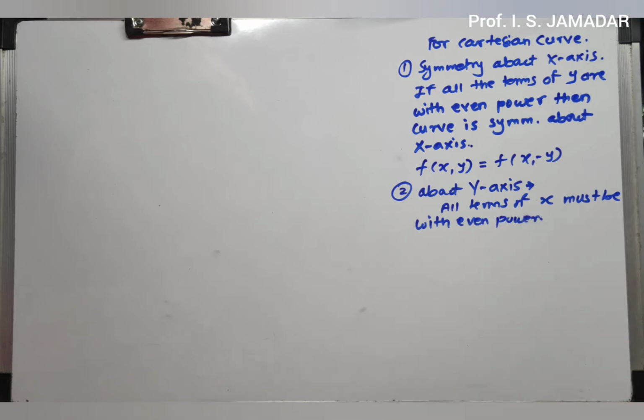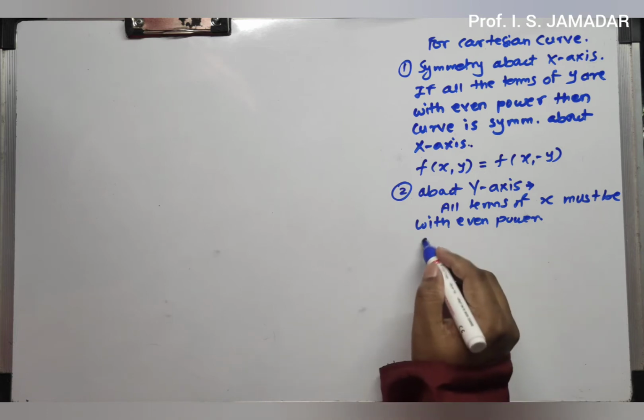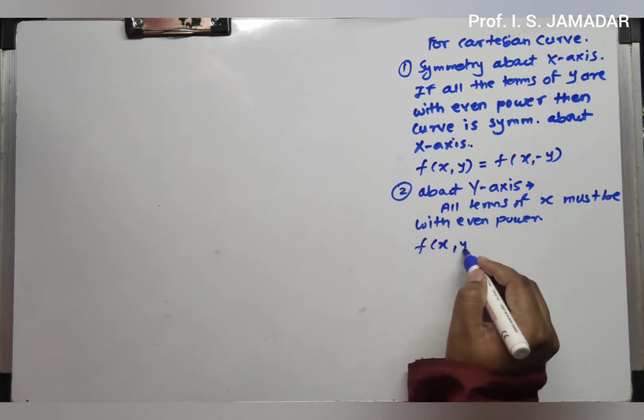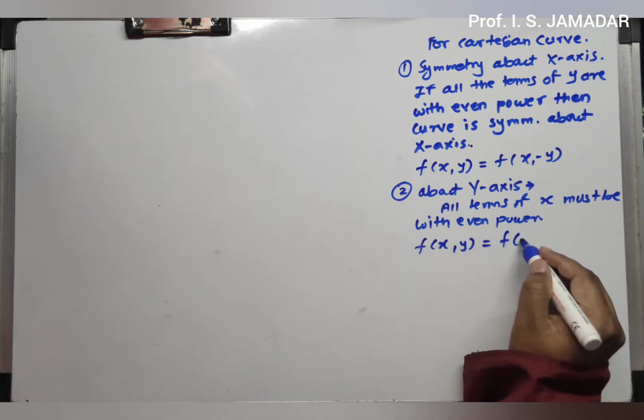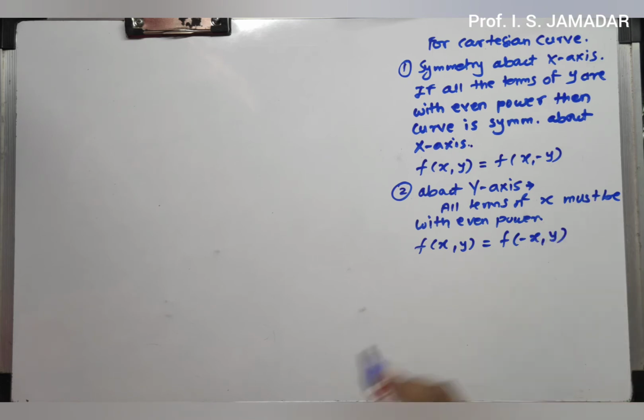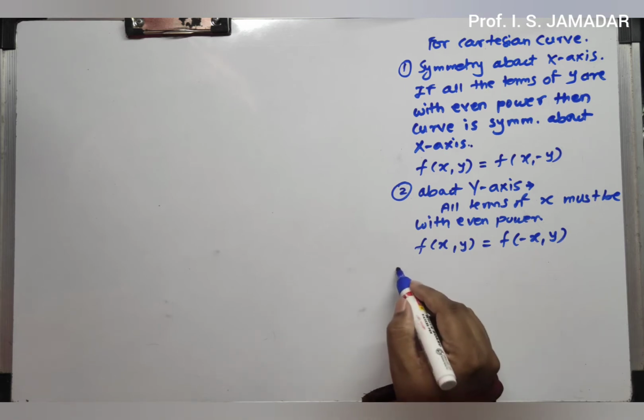Or in other way, we can say that f of x y is equal to f of minus x y. After replacement of x by minus x in the original equation of Cartesian curve, that equation does not change. That equation is unchanged after replacement of x by minus x. Then that curve is symmetric about y-axis.